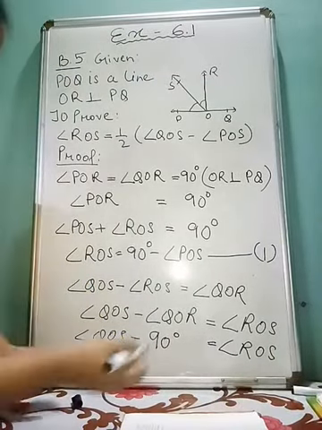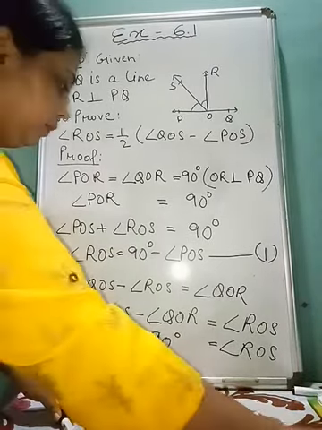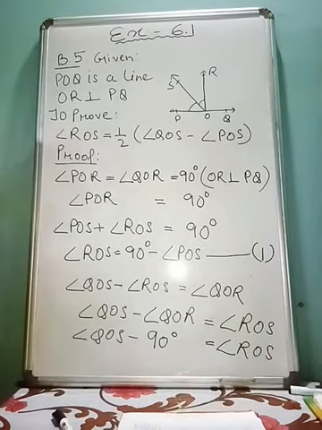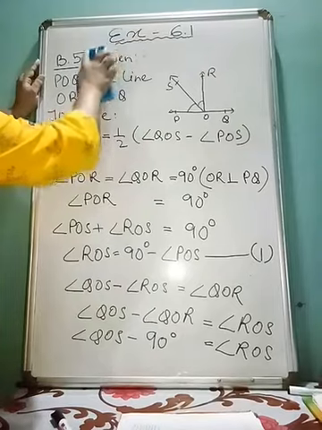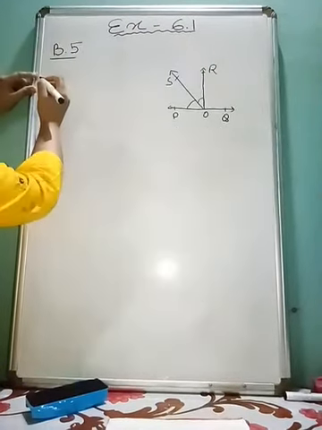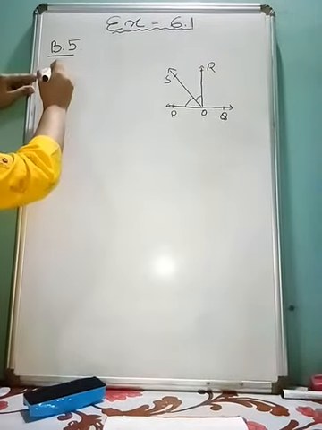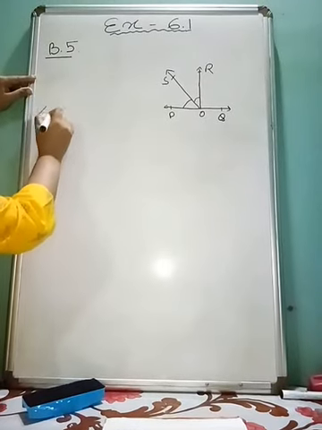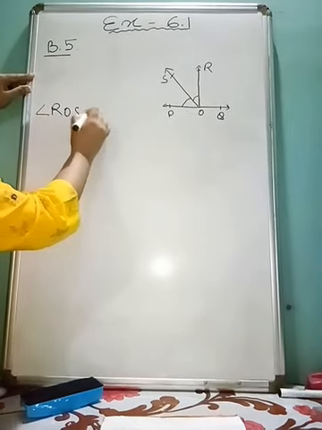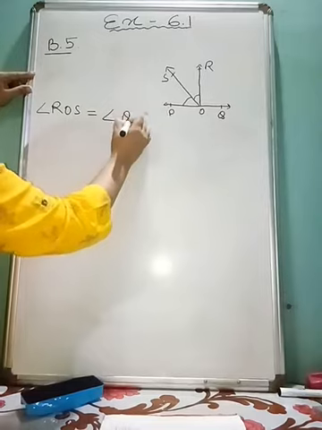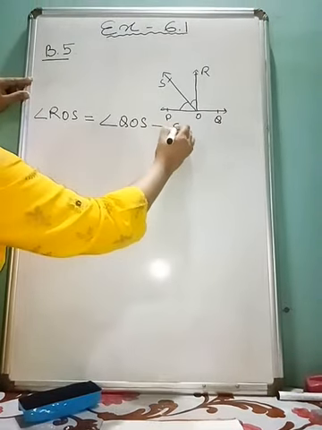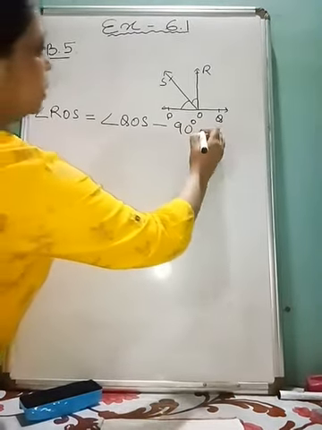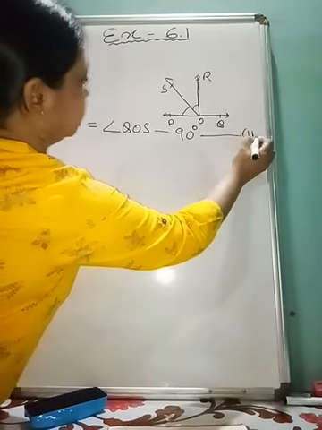Okay, let us do the remaining part. So we got now angle ROS equal to angle QOS minus 90 degree. This will be our equation 2.